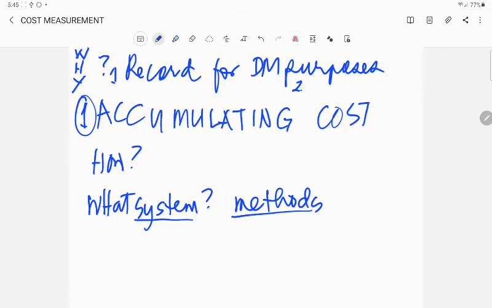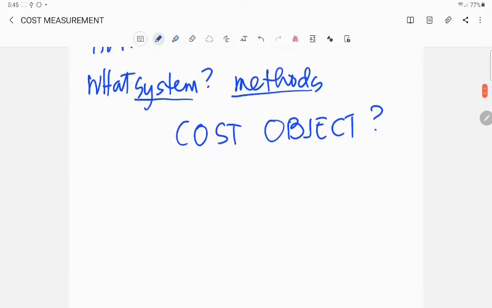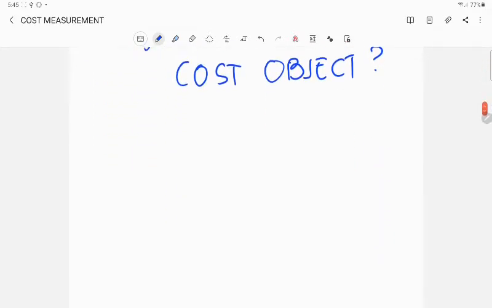And in order for you to accumulate costs, you have to go back to what is a cost object. Isip-isip, ano ang ibig sabihin ng cost object. Kasi ito yung basis natin.